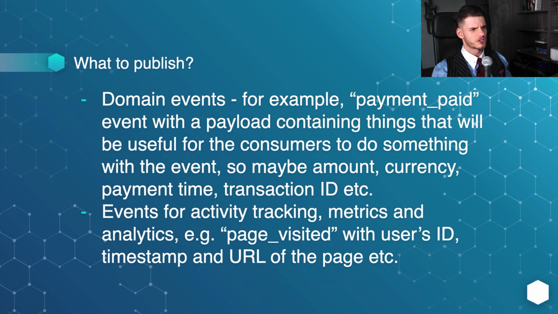And the counter question, what to publish? One example would be domain events. So not "payment updated" with some random attributes, but rather something like "payment paid", and the payload of such an event would include some attributes related to the event, like amount and currency, maybe the timestamp when the payment was paid, the transaction ID coming from the payment gateway, and things like this.